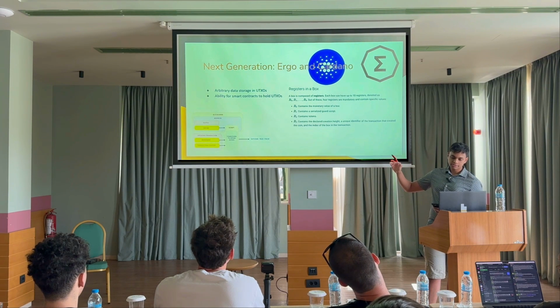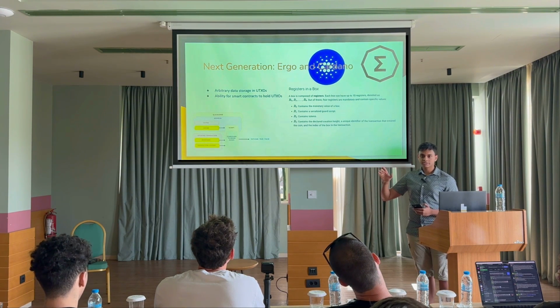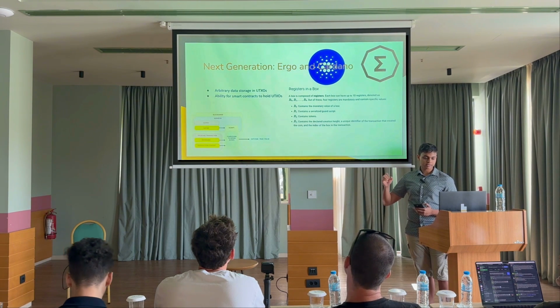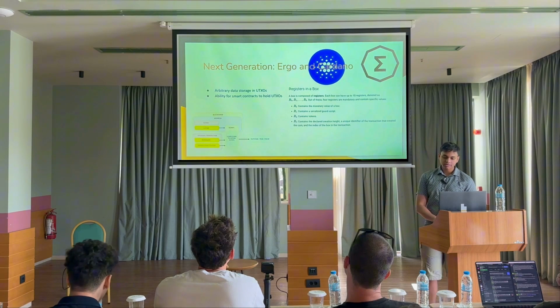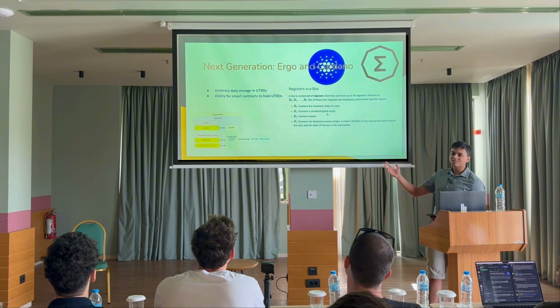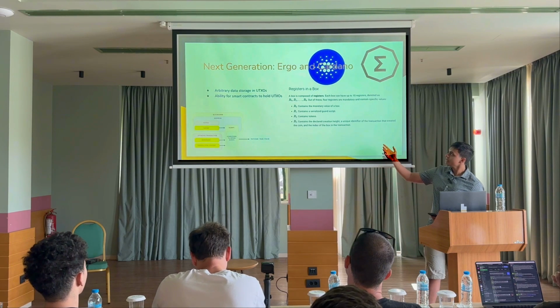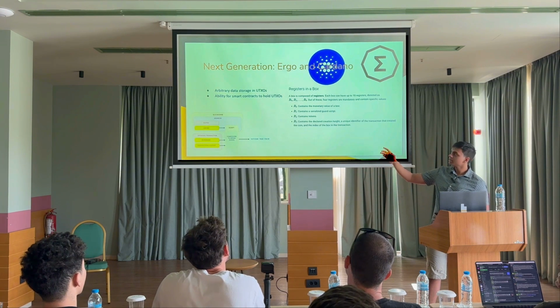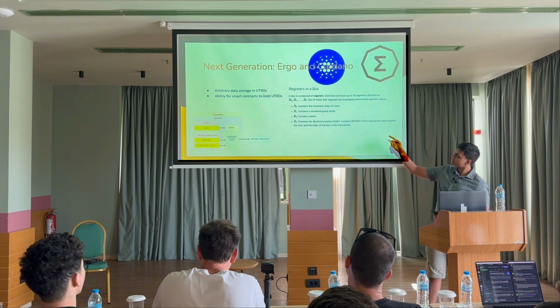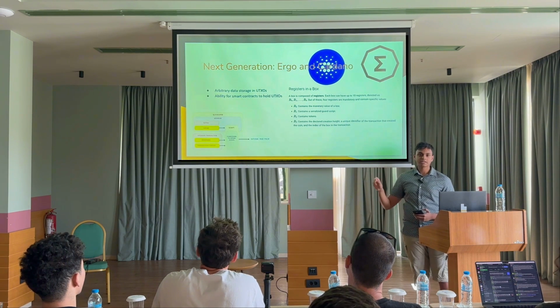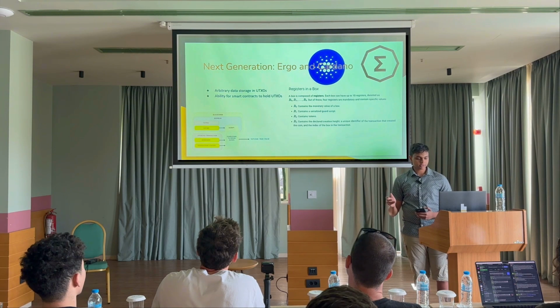In Ergo, it's very cool because addresses are just smart contracts themselves, at the core. So you just have a guard script, and the smart contract is like a wallet address. You can think of it like that. And if you want a smart contract, it would be the hash of whatever script is in the same guard script area. It just has to evaluate to see if the UTXO can be spent or not.